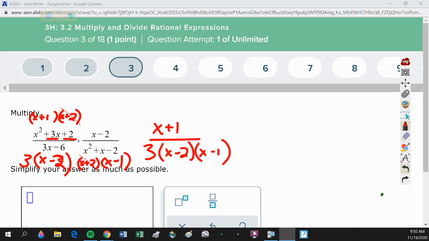Any questions about that? Yes. So on top there's an x plus 1 and an x plus 2. And on bottom we have an x plus 2. But this one doesn't match up with either of those. Oh, good eye.